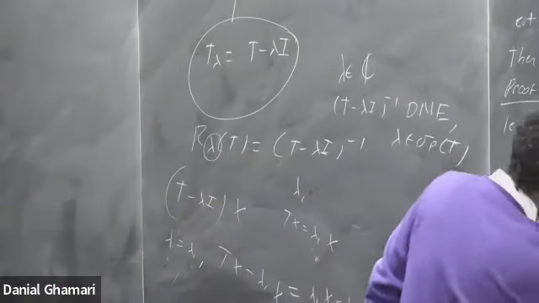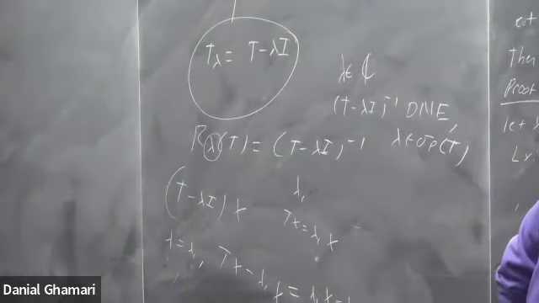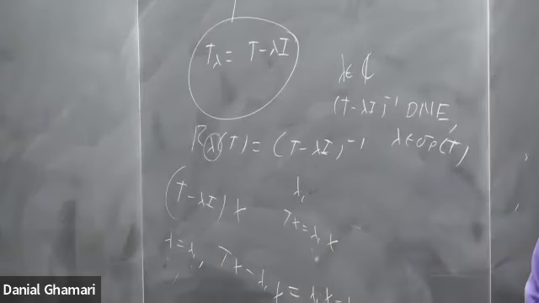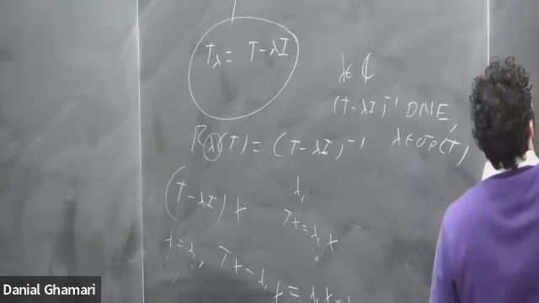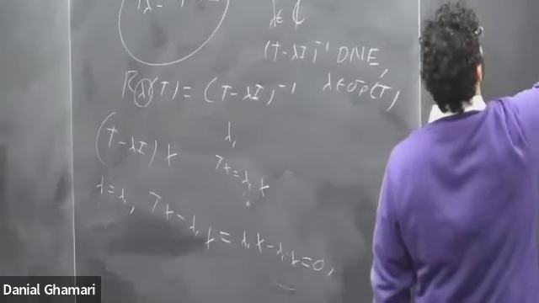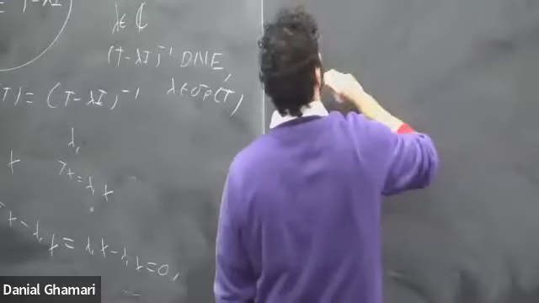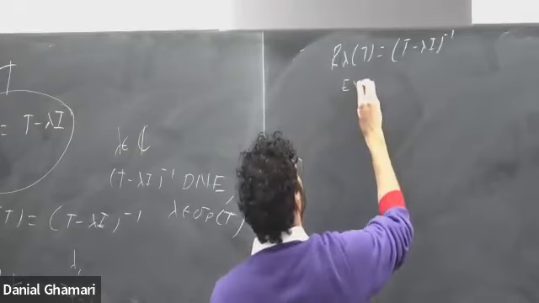And then I'm going to make a little chart for them. So you have R lambda of T, which equals T minus lambda I inverse. So it exists.